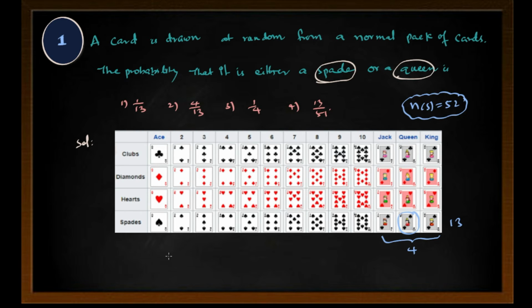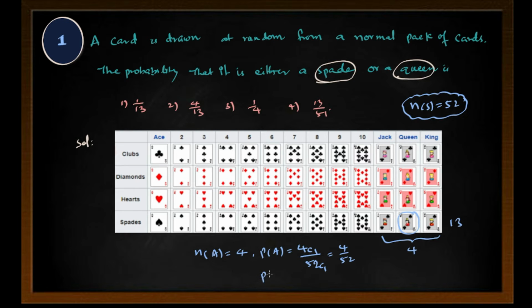So let A be the event that the selected card is a queen. N of A equals 4, so P of A equals 4C1, since we have to select one card from the 4 cards, divided by 52C1, or simply 4 by 52.